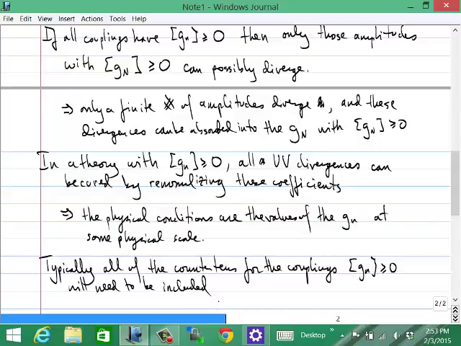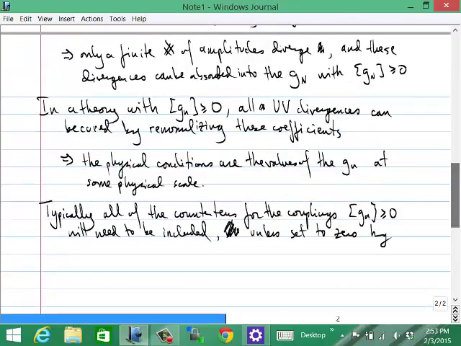Or rather, will get non-zero contributions unless they're set to 0 by some symmetry. Is that clear, more or less?